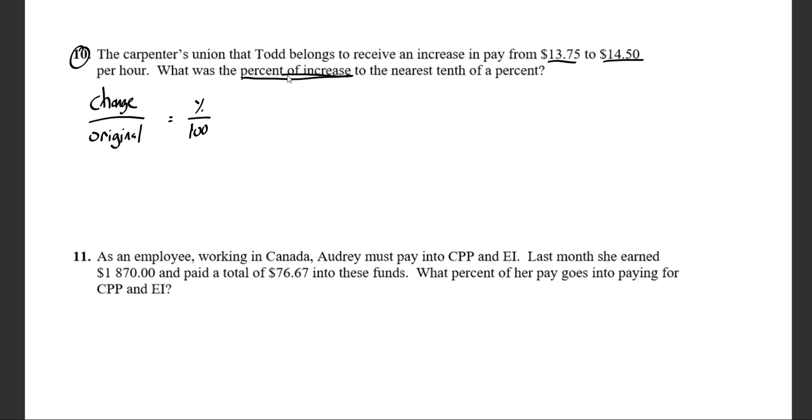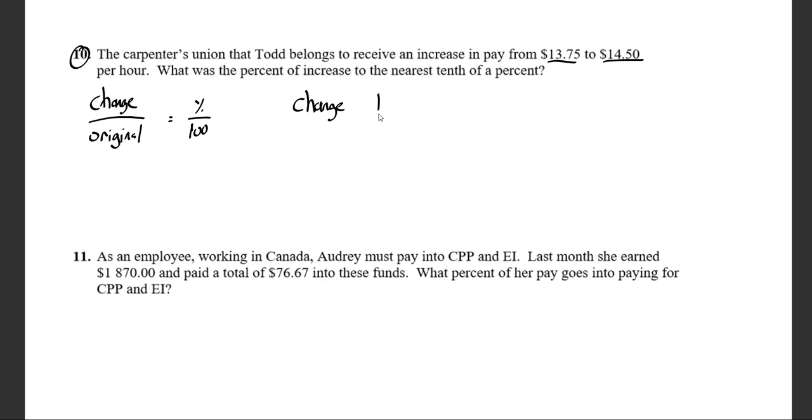So if we want to know the percent of increase or decrease, that follows this formula. The change over the original is the percent over the 100. In this case, the change is we went from $13.75 to $14.50.